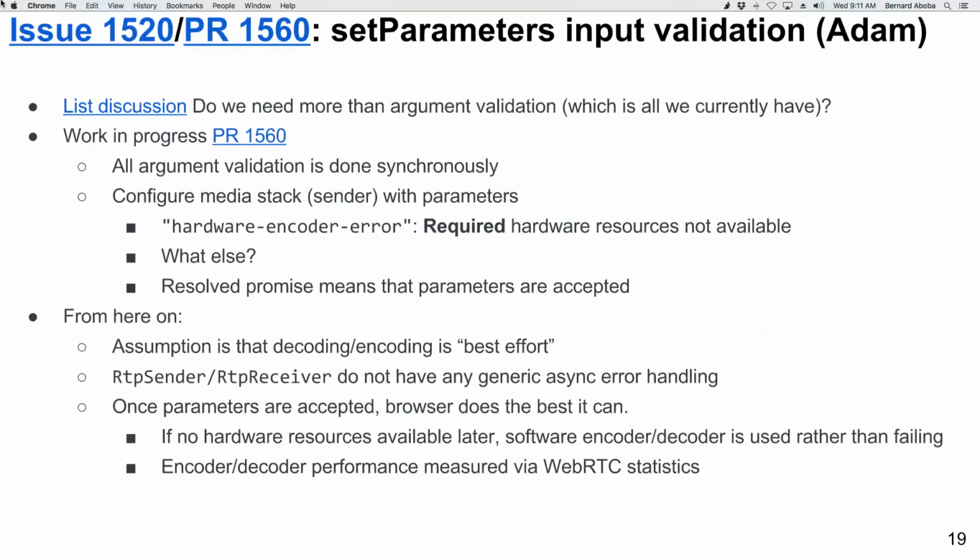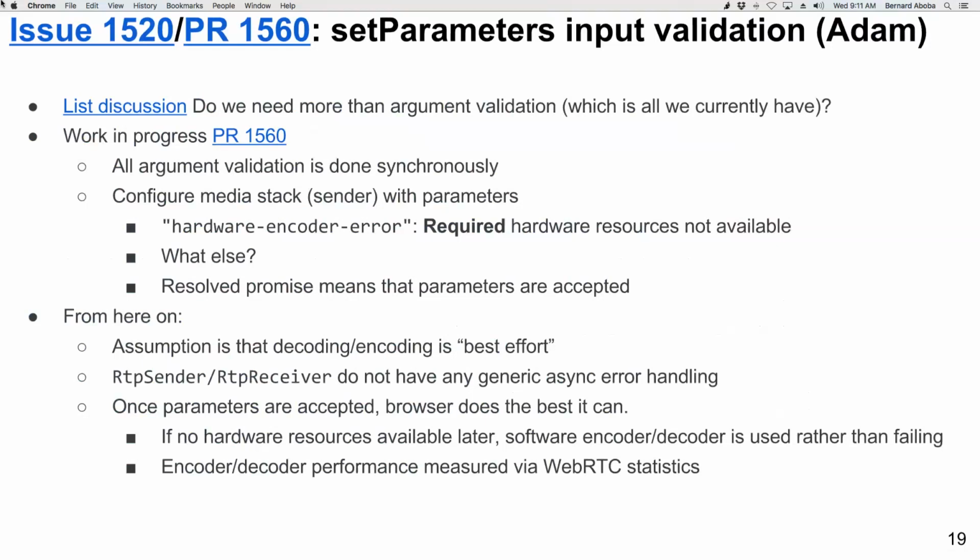So this is an RTC error. So when we have at least one type of error that is asynchronous, then it's motivated to have this as a promise-based method, and we can add more errors.